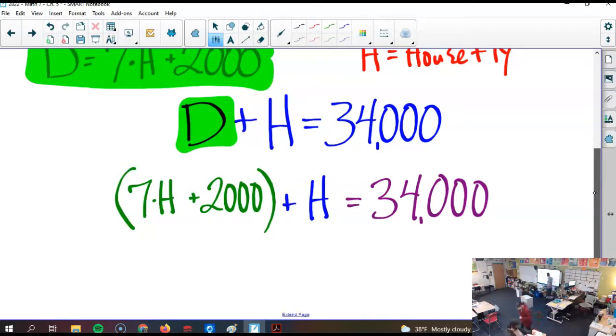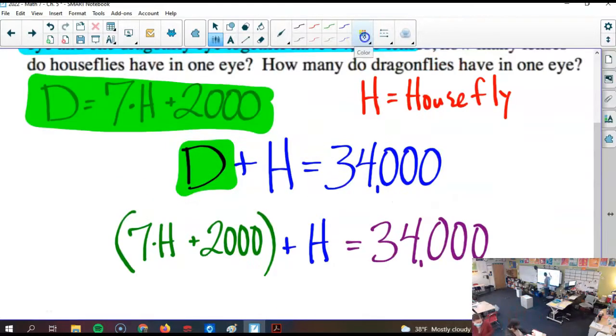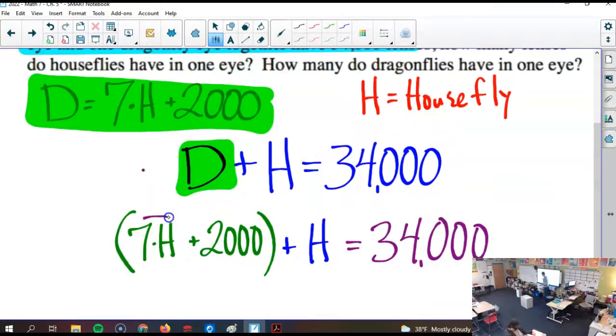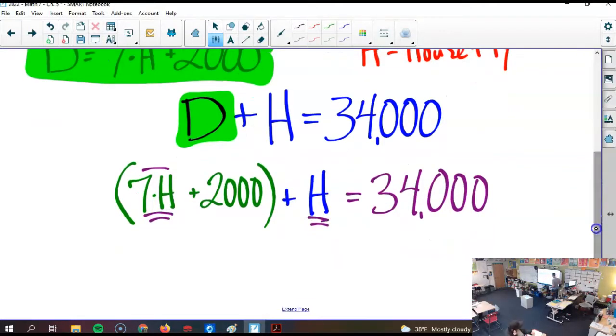The H's. So 7H, okay, I meant to underline it, but it drew my line on top. 7H plus H, 8H. The 2000 has nobody to join up with.